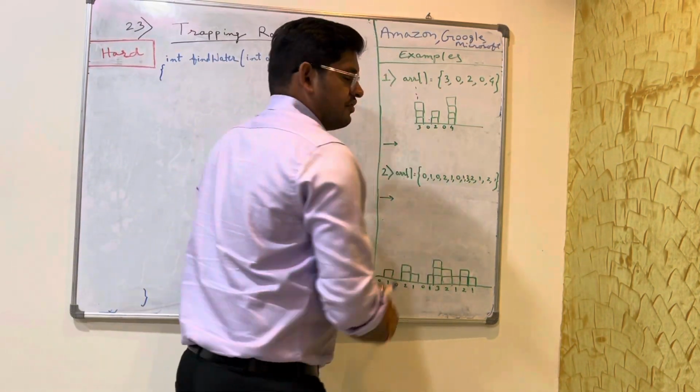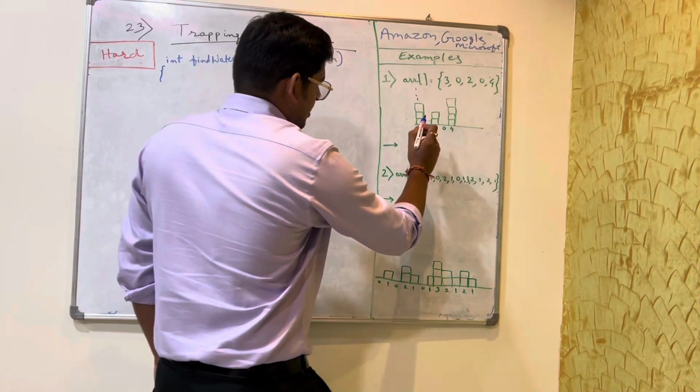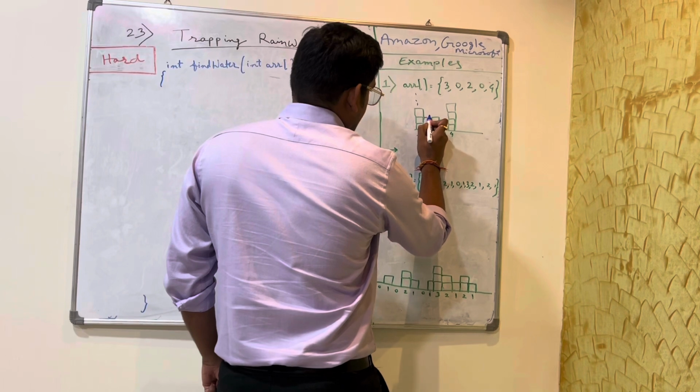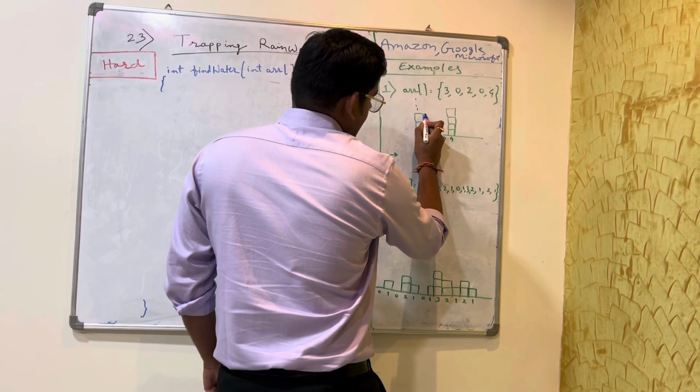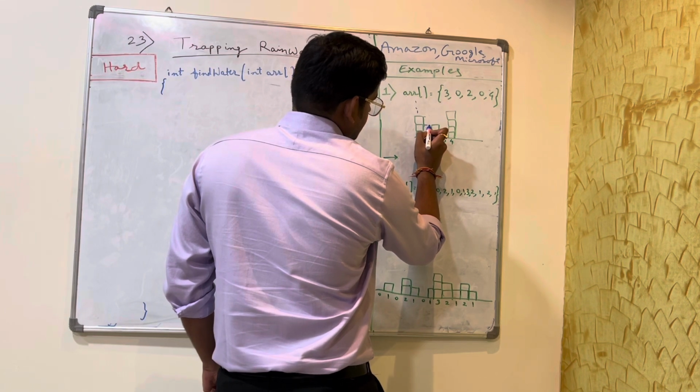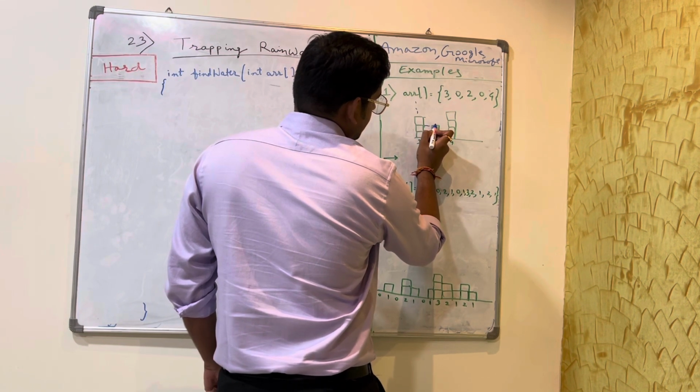How much water can this trap? Suppose the water falls over here, this much it can trap, then this much it can trap. If it goes beyond this part, it will come over here.